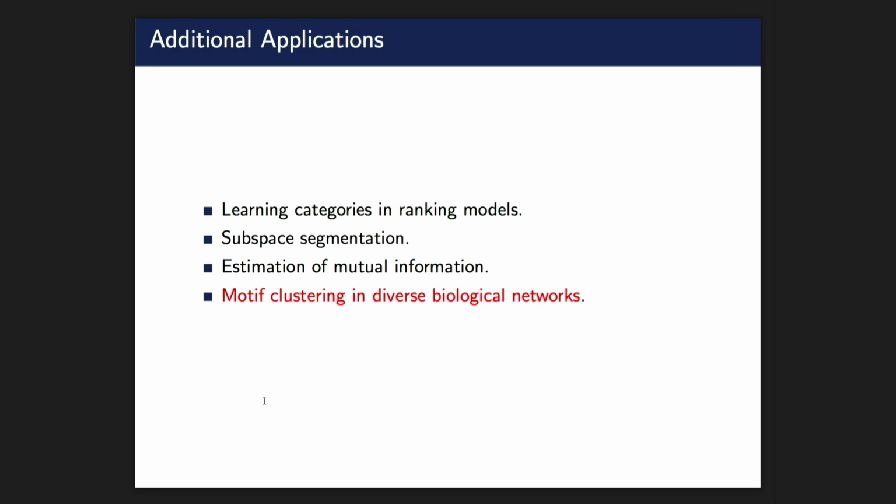If you do subspace segmentation in imaging, or if you work in many problems from computer vision, you will see hypergraph clustering problems. If you're trying to use mutual information as a measure of strength or quality of some links in biological networks, you will end up most often using hypergraph clustering methods to estimate mutual information.